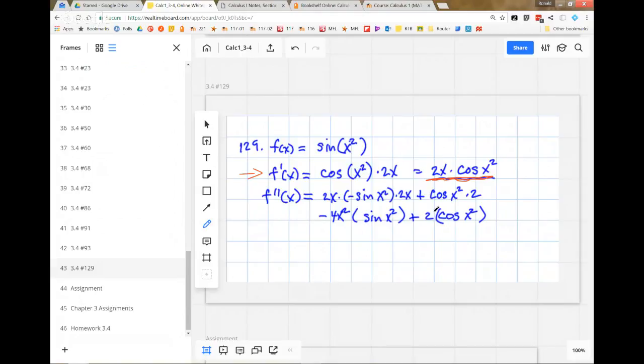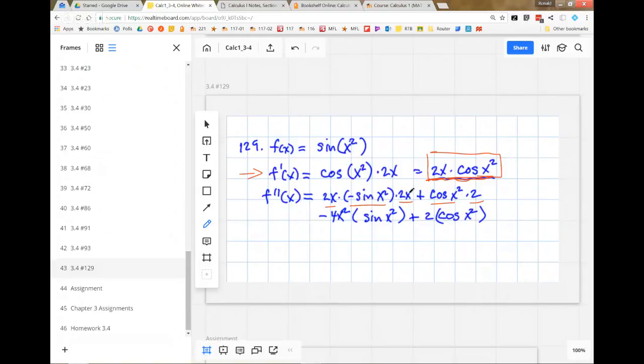All right, now find the second derivative. So now I have to find the derivative of this thing over here that I've boxed in. That's a product, right? So we have the first times the derivative of the second, chain rule, plus the second times the derivative of the first.